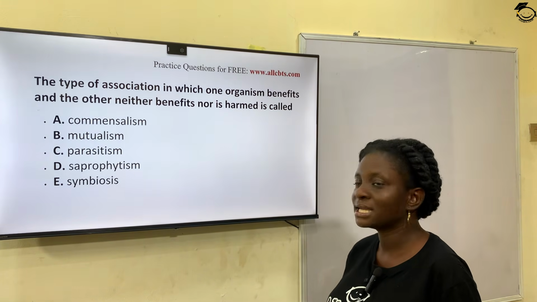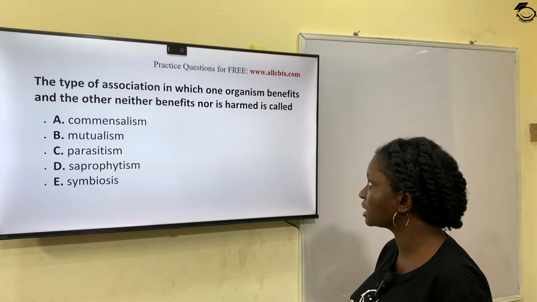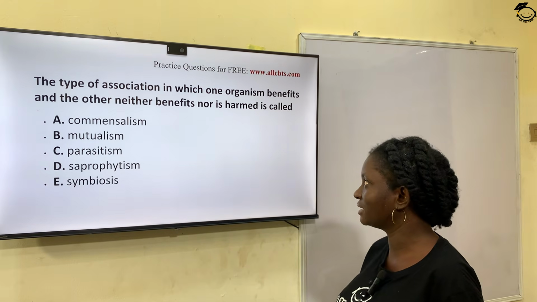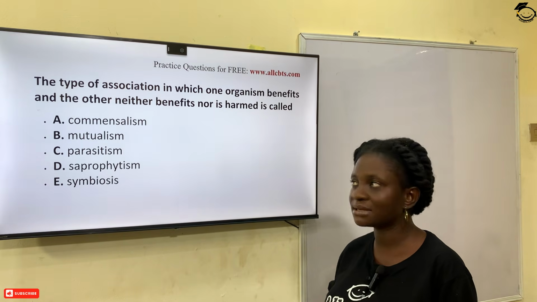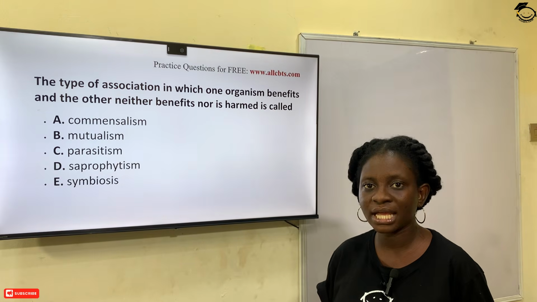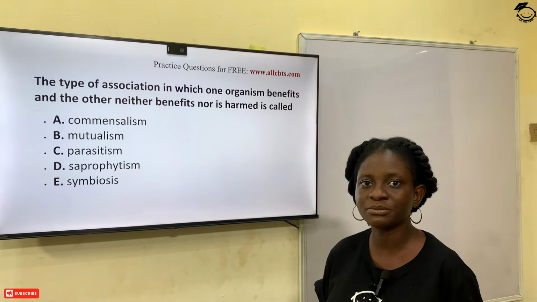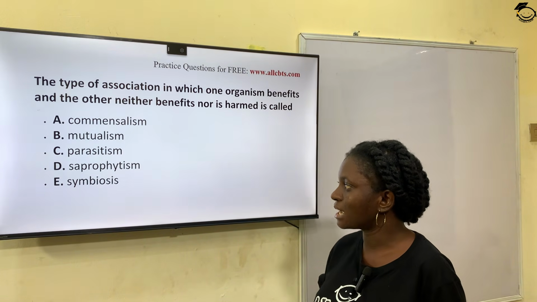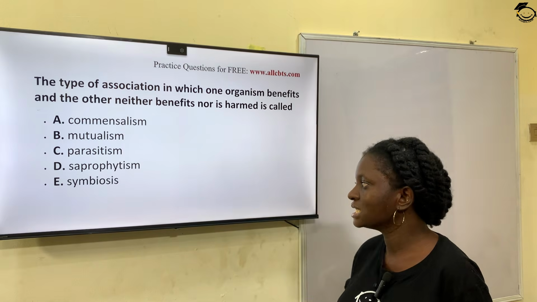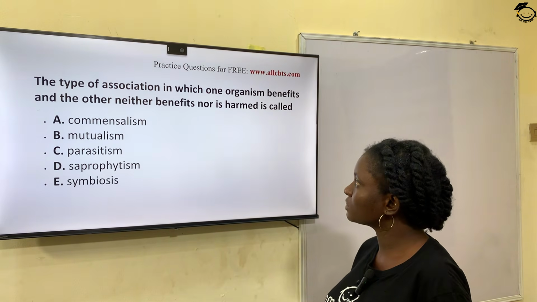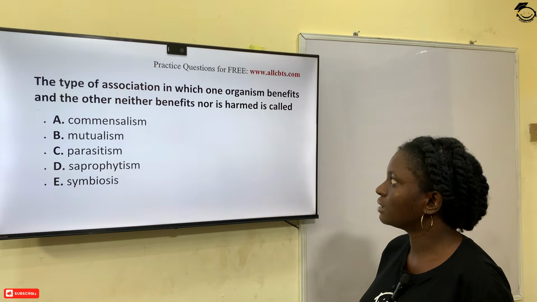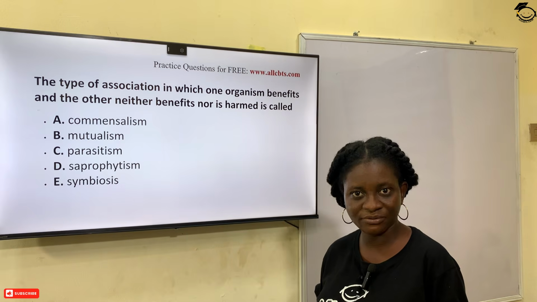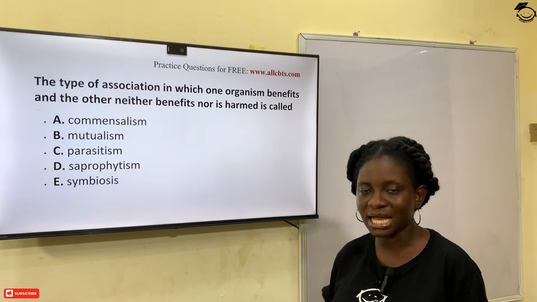Next question. The type of association in which one organism benefits and the other neither benefits nor is harmed is called option A, commensalism, option B, mutualism, C, parasitism, D, saprophytism, E, symbiosis. So what type of relationship takes place when one organism benefits and the other does not benefit and is not harmed?